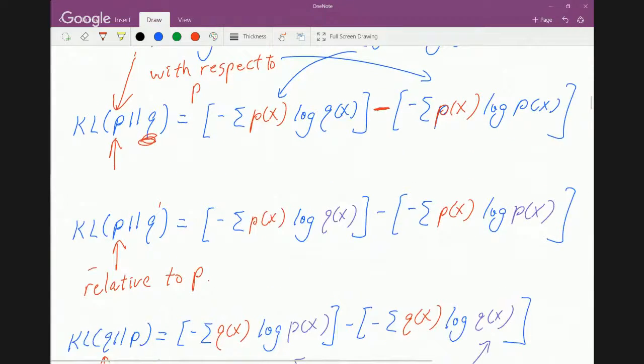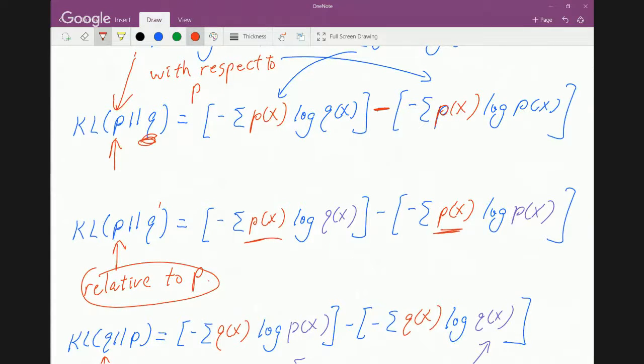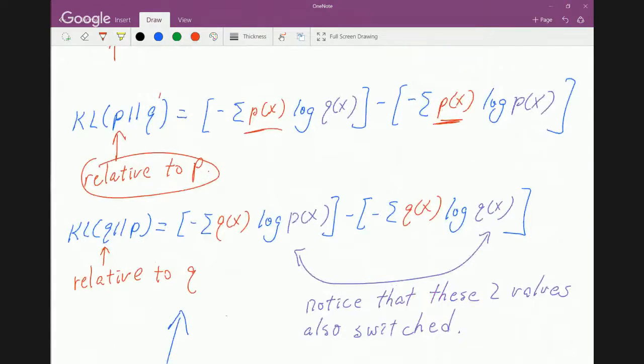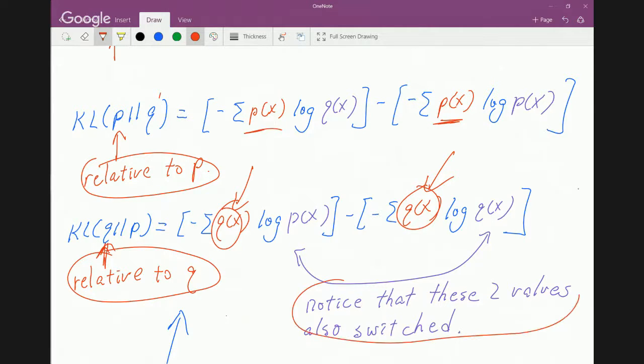Like I said, relative to P, and notice how it's P here. Of course, if we had Q here as the first one, then it's relative to Q, and the idea holds the same. Notice that the probabilities are with respect to Q. Of course, we also flip this and this because we're doing it with respect to Q instead.